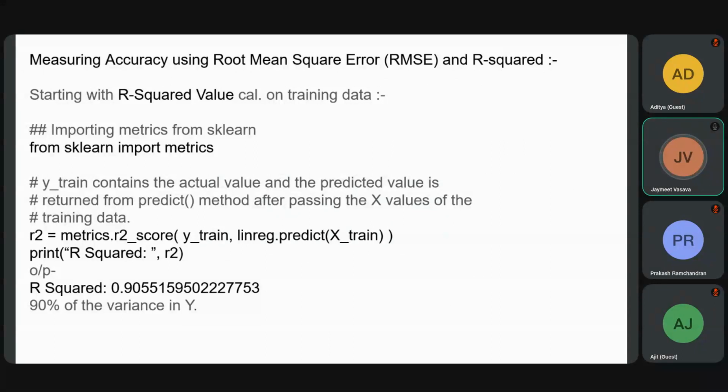Importing the needed metrics, then use metrics r2 score for the y train and the regression's predicted values on the X train, and then predicting the value of R squared, we get the value of 0.90, which means it is able to understand 90% of the variance in the Y.